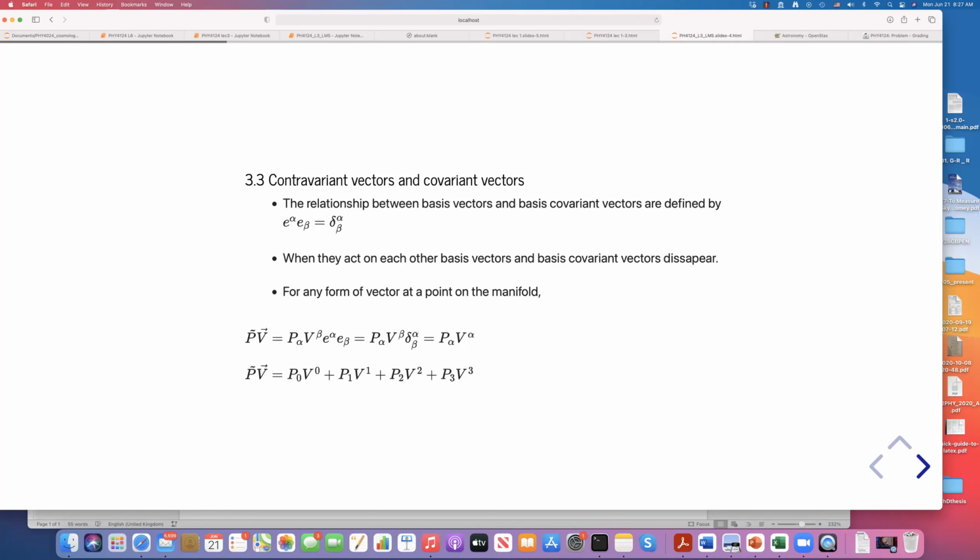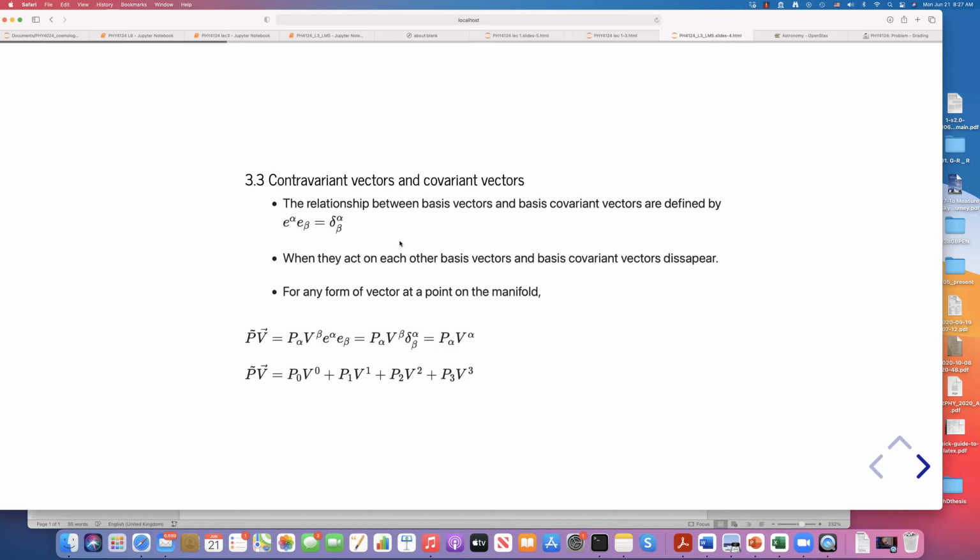Now, one thing that we have to know is the relationship between basis vectors and basis covariant vectors, right? Basis vector means the normal vectors, and the basis covariant vector is the type that we learned today.